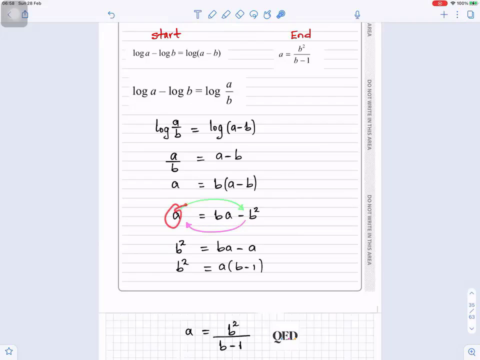And A goes to the right. It becomes minus A. You factorize. A will come out of the bracket. And you're left with B minus 1. So that means A is equal to B squared divided by B minus 1. QED. Quod erat demonstrandum, as required to show.